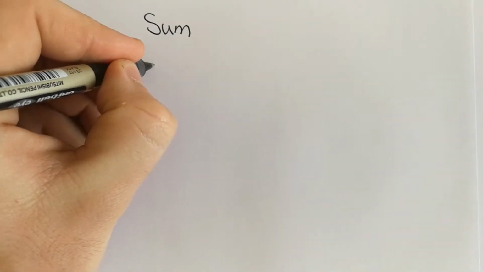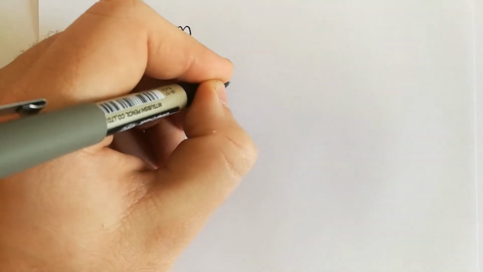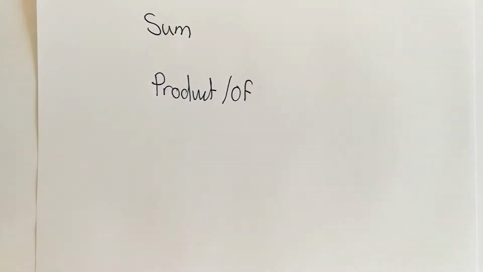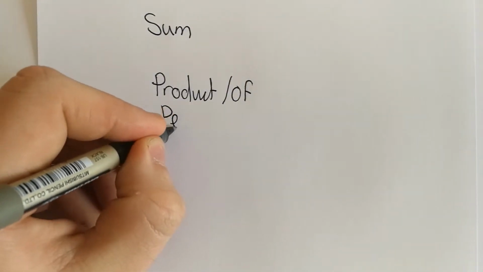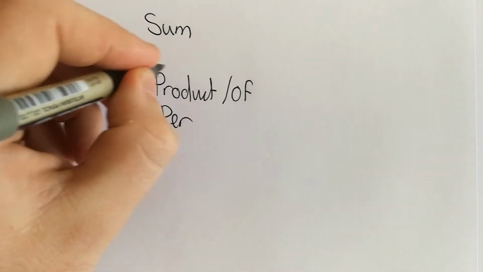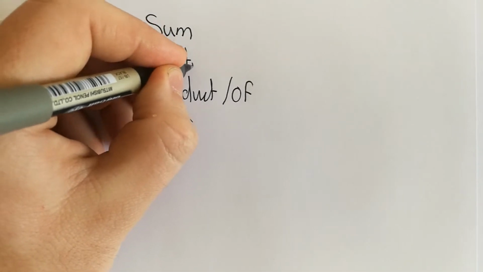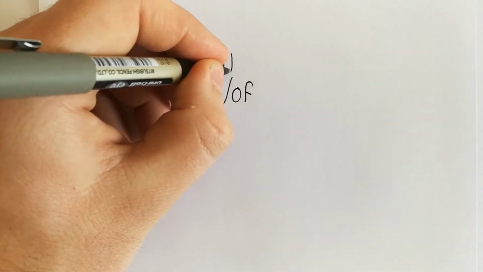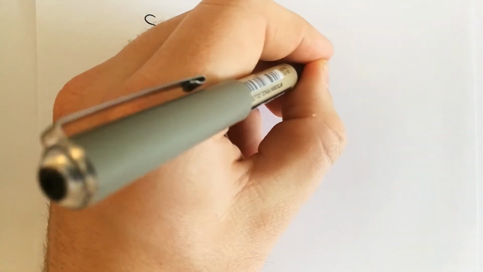We've got product, and sometimes of. And we also have the word per. Now I've missed this gap out because actually we often just use the word subtract or take away, which just means minus anyway.